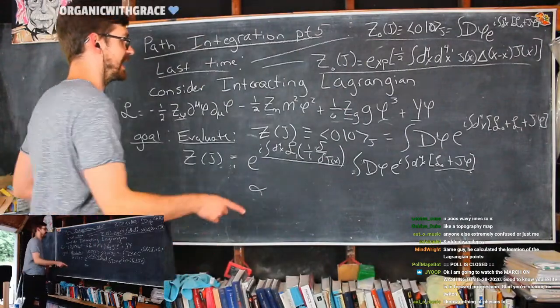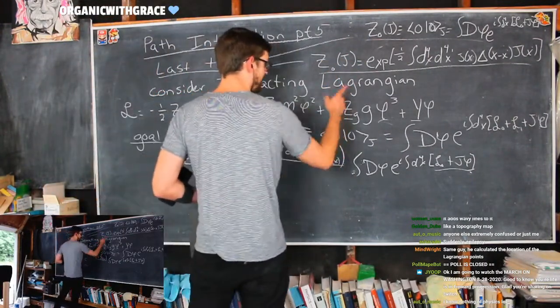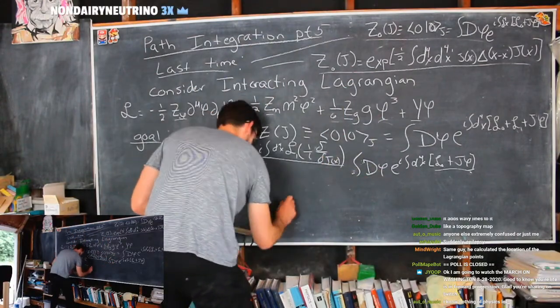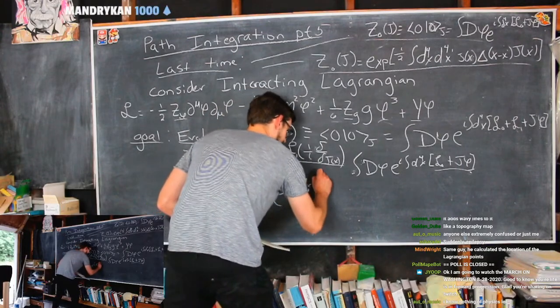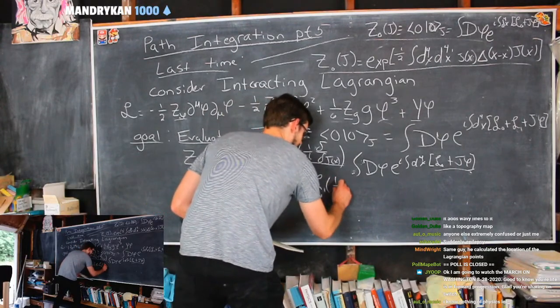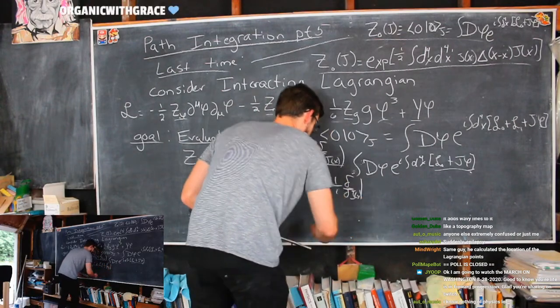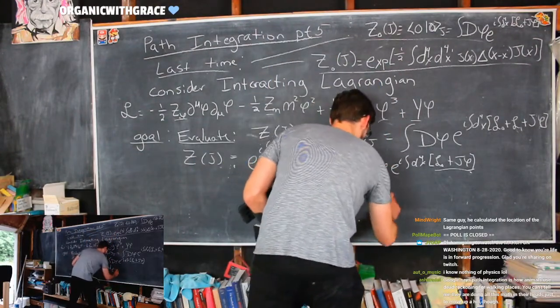So now this becomes this. That's what we did last week. And then we're going to place this under here. So we really have, this is proportional to e to the i lambda d4x times this interaction Lagrangian, 1 over i functional derivative with respect to j of x, all multiplied by this exponential.